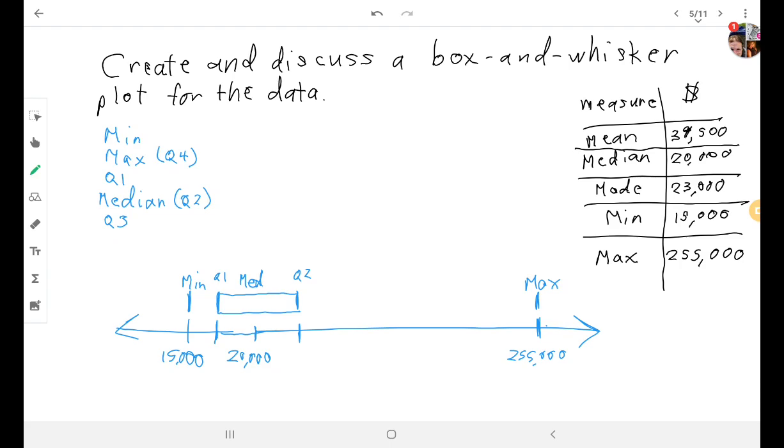And then the mean could be marked, but usually isn't. And box and whisker plots usually look like that. You might mark the median in there also. So that's a typical box and whisker plot. Again, they didn't give us Q1 and Q2, so I don't know if that is exact or not, but I'm taking my best guess. Okay?